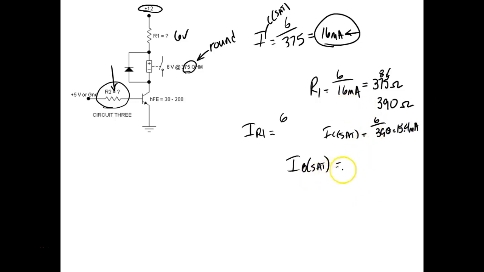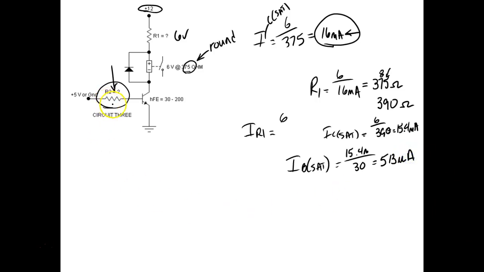Then IB sat would be 15.4 milli divided by 30. What? 513 micro. So now we've already gone from 16 milli to micro, right?